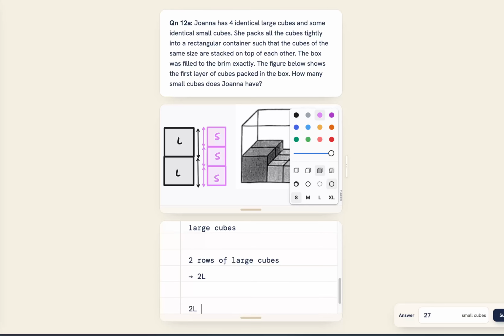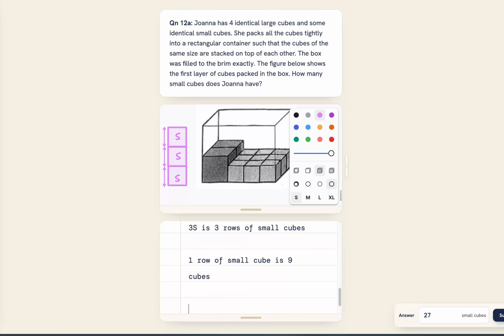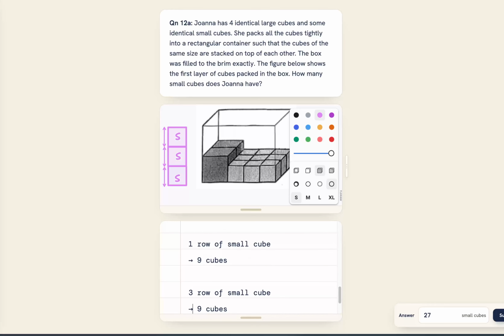So 2L is equal to 3S. That means 3S is 3 rows of small cubes. And 1 row of small cubes over here, if you count, is 9 cubes. So 3 rows of small cubes is equal to 3 times 9, and this will give us 27 cubes. Okay, there you go.